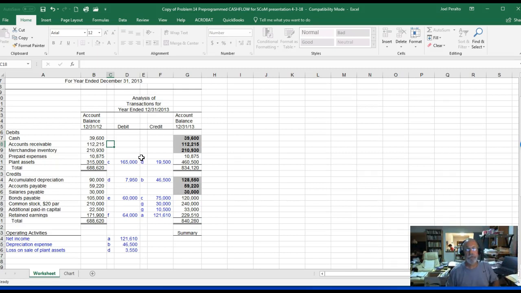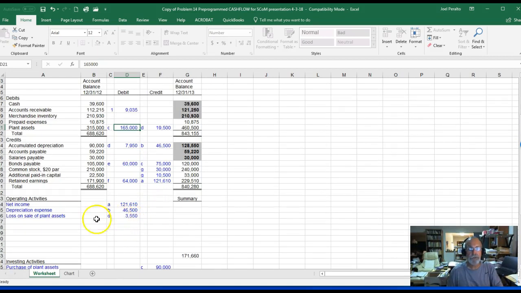And so accounts receivable increased by $9,035. And so we need to show that on our balance sheet. Let's call that 1. And that account being a current asset account, the change is going to be reflected in our operating activities section of the statement of cash flows.